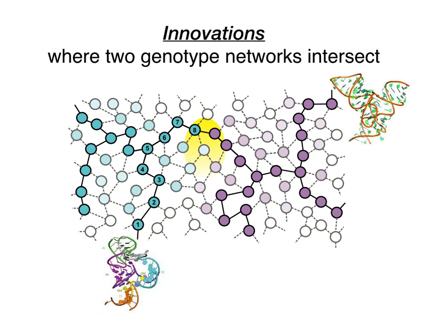We can imagine starting at node 1, which is one sequence, and taking a mutational step to 2 and another to 3 and so on. And we might end up at a point on this network in close proximity to the other structure, where a single mutation or very few mutations can change from one structure to the other. And so we wanted to study this yellow region in the lab where two genotype networks come in close proximity.